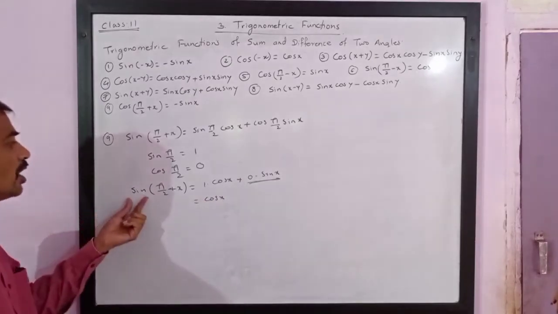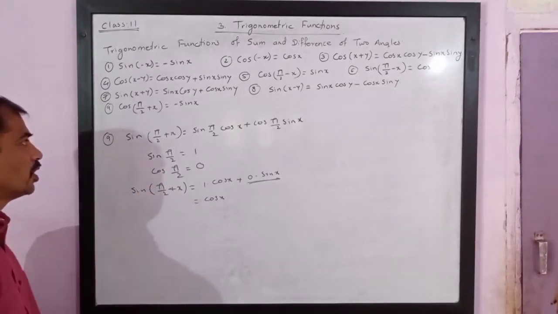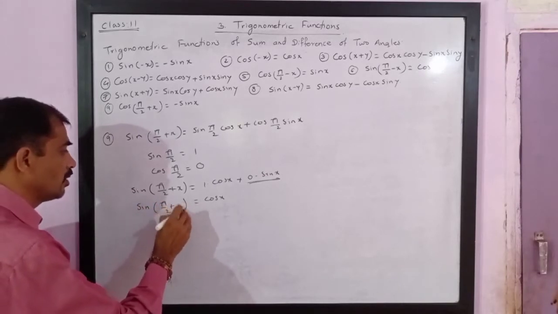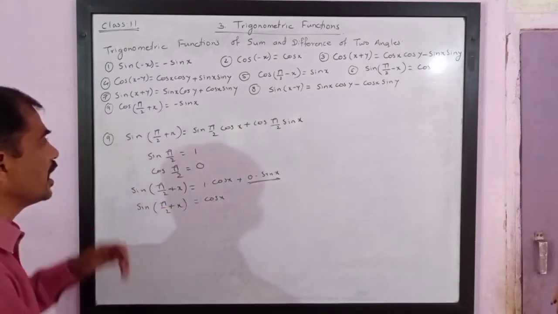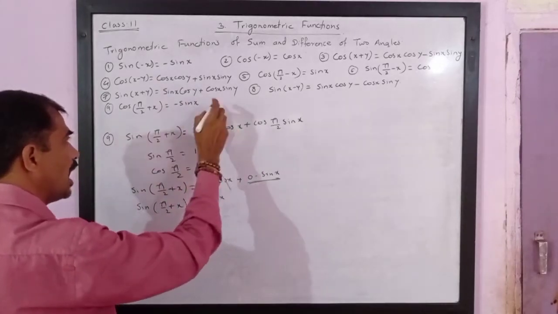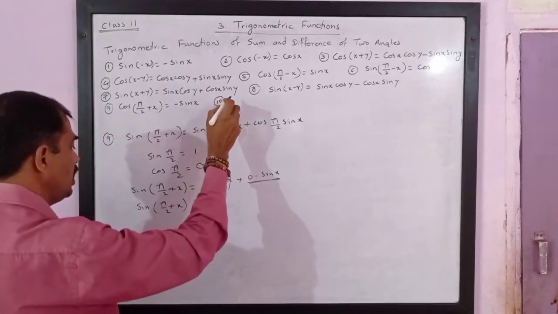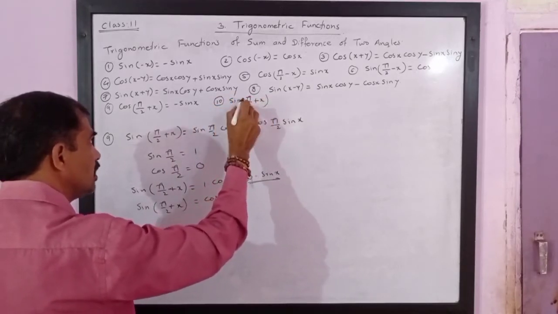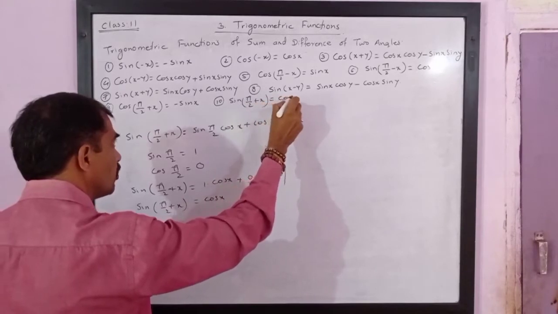It means we have got sin of pi by 2 plus x is equal to cos x. Thus sin pi by 2 plus x is equal to cos x. So this is the next identity that we are going to remember. It is written as 9th only, so I am giving the next number, number 10: sin of pi by 2 plus x is equal to cos of x.